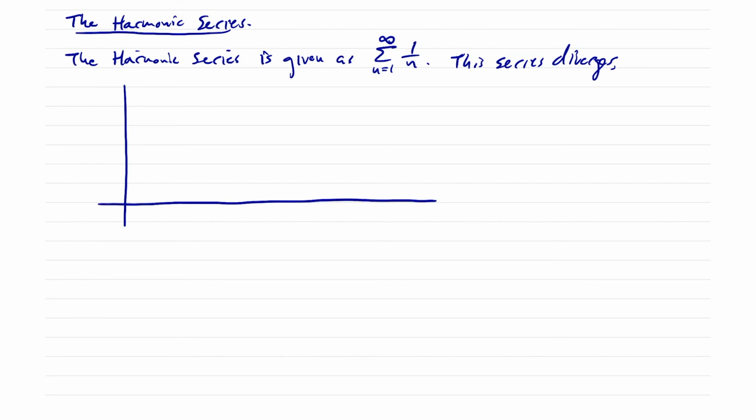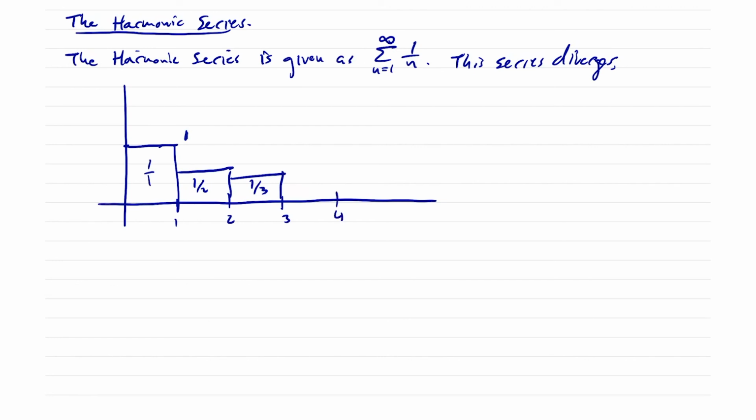All right, so if we take a look at 1, here, height 1, and so this is 1 over 1. Here, then if we have 2, it's going to be, say, 1/2. And we look at 3, it's going to be, say, 1/3.